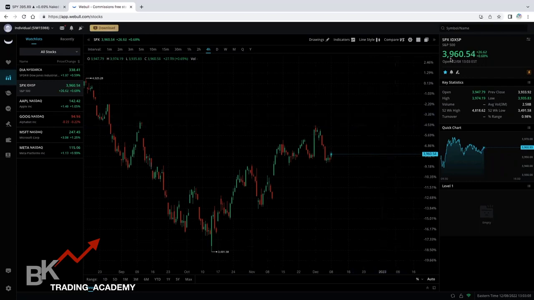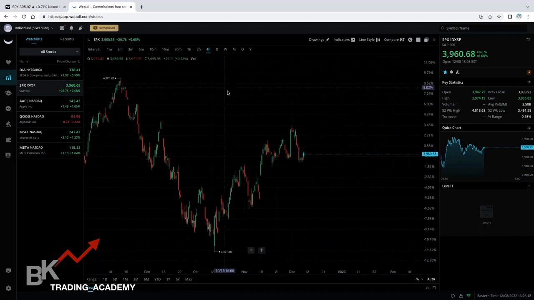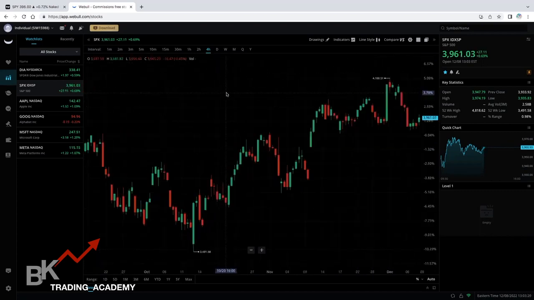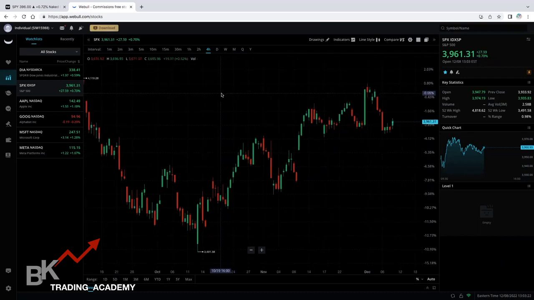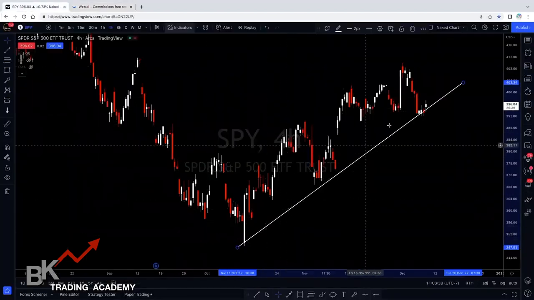This is more of an indicator of how the S&P 500 is doing. Now, for those who are new, the S&P 500 is the stocks of the top 500 companies. So let me go ahead and show you what I'm talking about. I'm on the 4-hour chart here, and you can see how this is looking. So we have our trend here from the lows to the tops. And if we go back to my other chart here on the SPY, it's the exact same thing, except the price says $396.